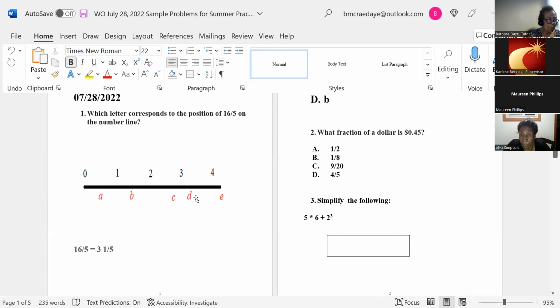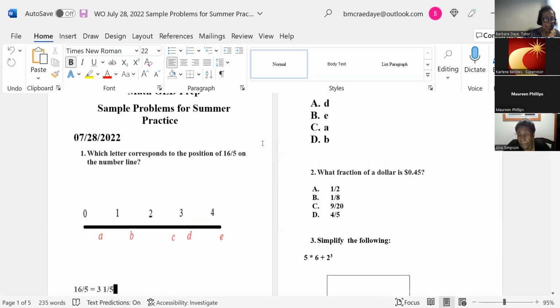They're between C and D. No. Look at the numbers, Maureen. I see 0, 1, 2, 3, and 4. It will be between 3 and 4. And what letter is between 3 and 4? D.